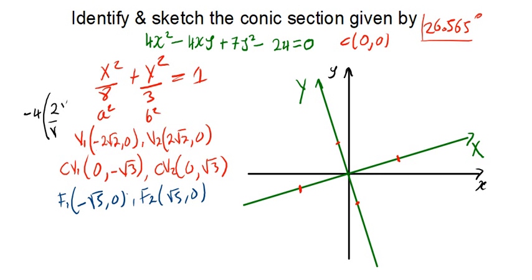Then for the vertices, you have the square root of 2, which is 1.41, multiplied by 2 is 2.8. So maybe one is going to be somewhere there, another one somewhere here. That's where you're going to have your vertices like that.